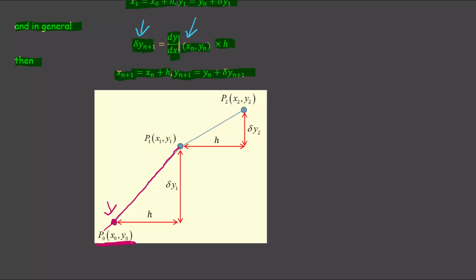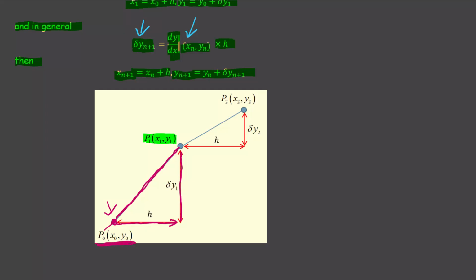What we do with Euler's method is we then go a distance h across using the line here to approximate the curve. We're then calculating delta y1, adding that onto y0 to get y1. And so we arrive at our next point, P1, which is x1, y1.